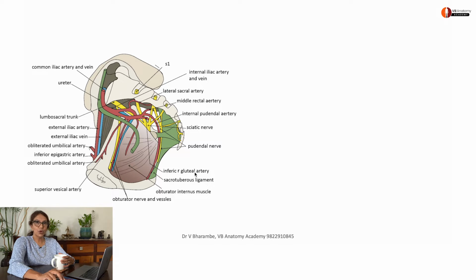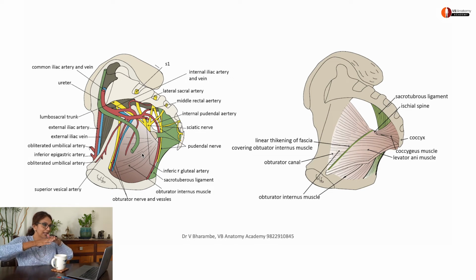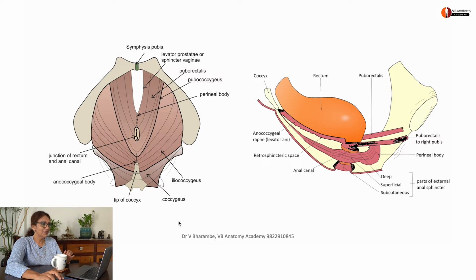So just study the wall for a minute. Here is the obturator internus part of the pelvis, to which the levator ani attaches. Here's your pelvic diaphragm, and you can see how the rectum is passing through it, held in place by the sling of the puborectalis muscle. I want you to note this.